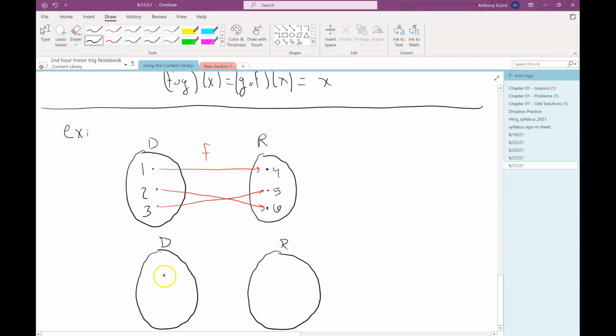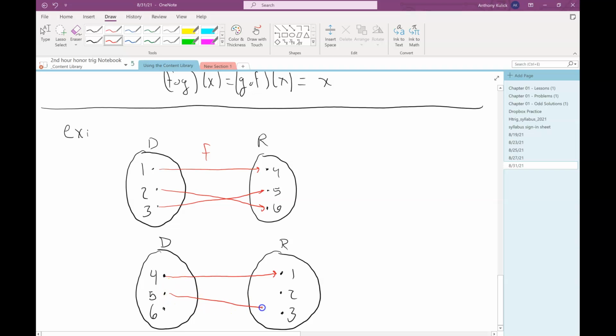So my domain here should be the outputs from f, and my range should be the inputs from f. And instead of 1 going to 4 for f inverse, I want 4 to go back to 1.